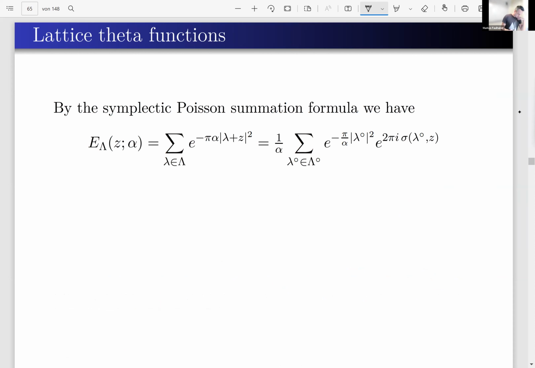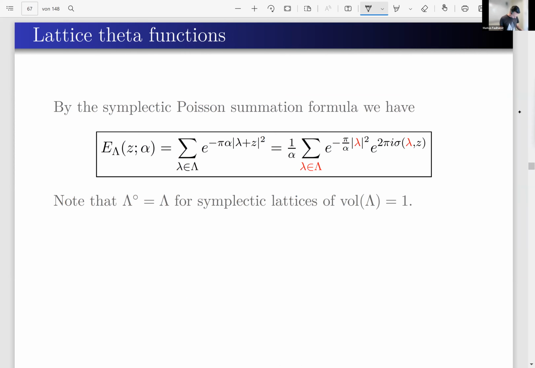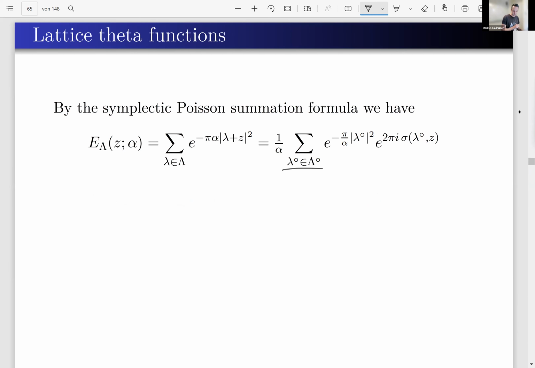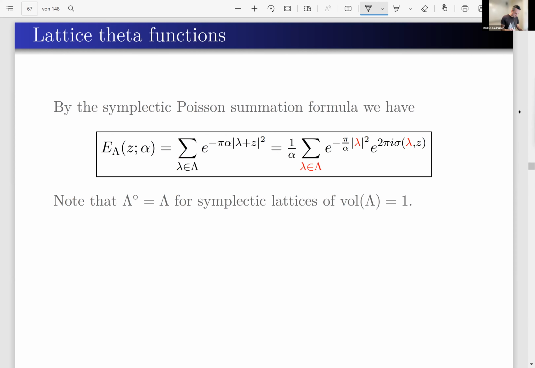Here we have again this Poisson summation formula, which I already presented before. If we have lattices in dimension 2, one can actually show that the use of the symplectic dual is not necessary, and that we can just plug in the lattice. This is a nice simplification, because we don't need to deal with whether we are in the dual or not.